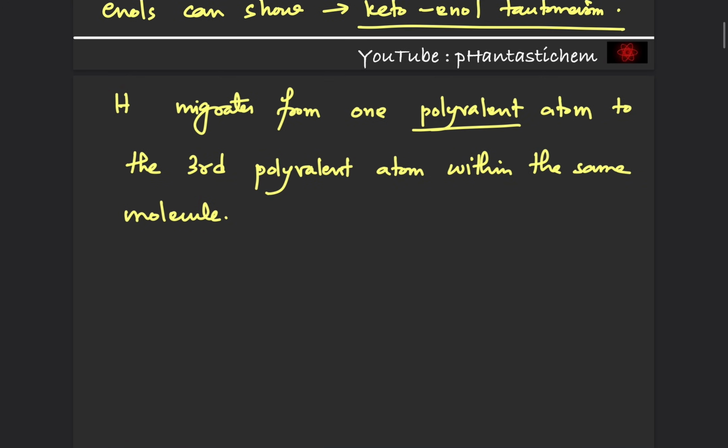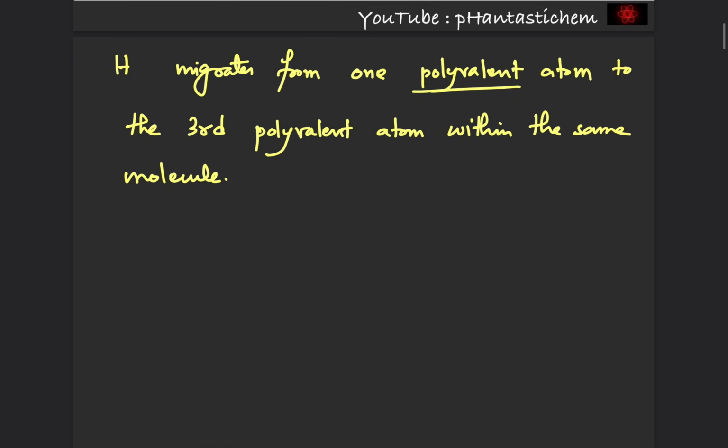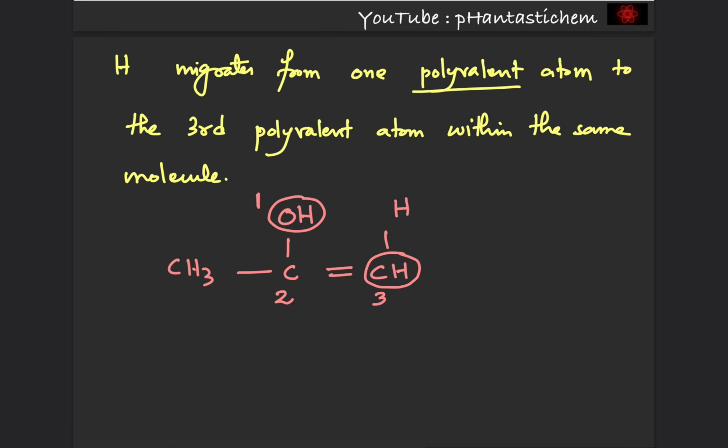So if I draw the enol again, CH3C(OH) double bond CH. Let's say this OH is my first polyvalent atom, this is my second carbon, and this is my third carbon, which is my third polyvalent atom.